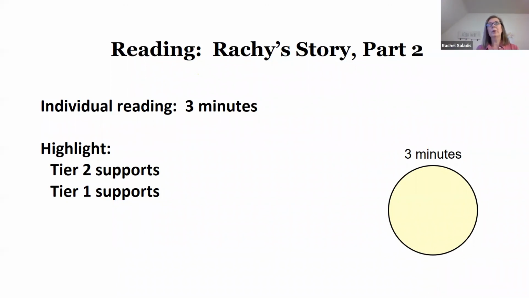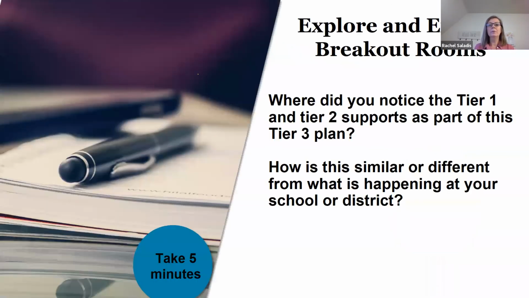So as you are reading and as you are thinking and typing in what you notice, I want to layer on another prompt. If we hadn't started a little bit late, first thing in the morning, I get it, had to have coffee, we are on board. But the additional thing I want you to think about is how are the things that you've read in Rachy's story similar or different to what's happening in your school?